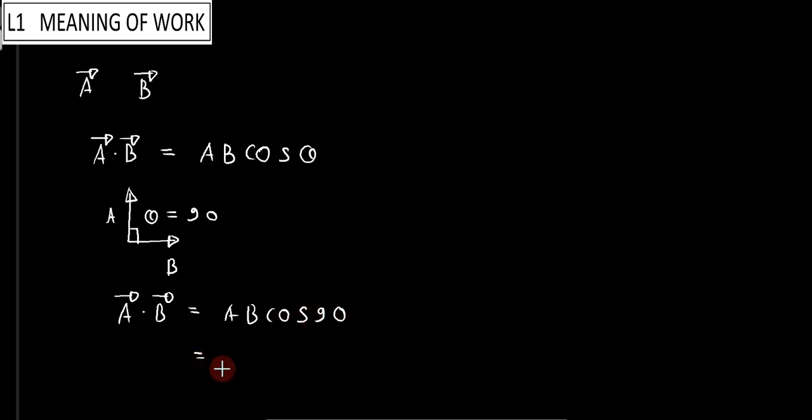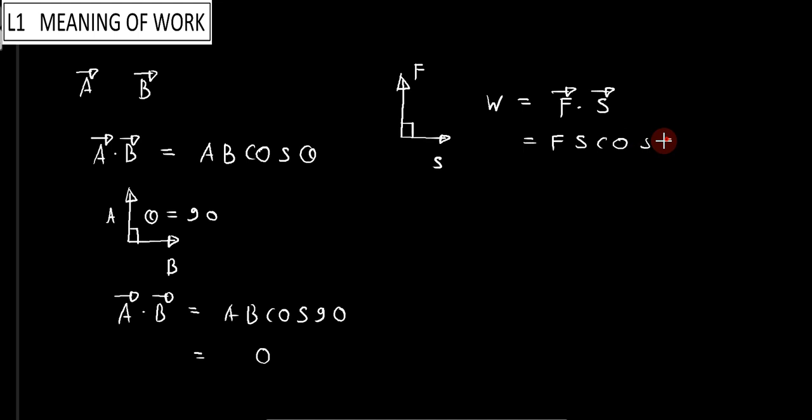Cos of 90 becomes 0, and that is why it becomes 0 here. In the same way, if you consider this as a force and this as a displacement having angle 90, we get work done is equal to vector F dot vector S, that is given by F S cos theta.